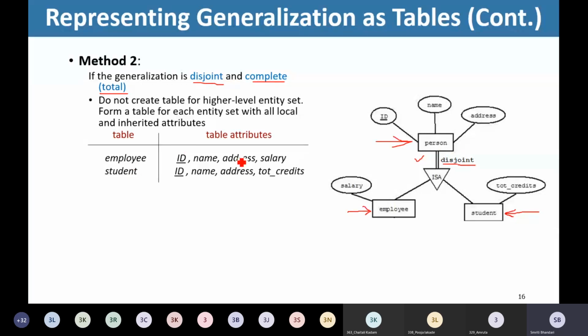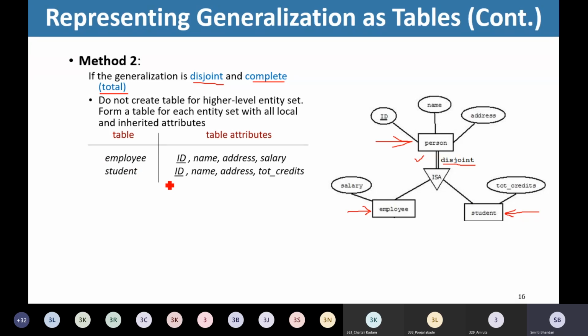So employee will have the attributes ID, name, address along with its local attribute, salary, and the student table will have the attributes of the higher level entity set, that means ID, name, address, and also its local attribute, total credits. So instead of creating 3 tables, now we are creating only 2 tables.